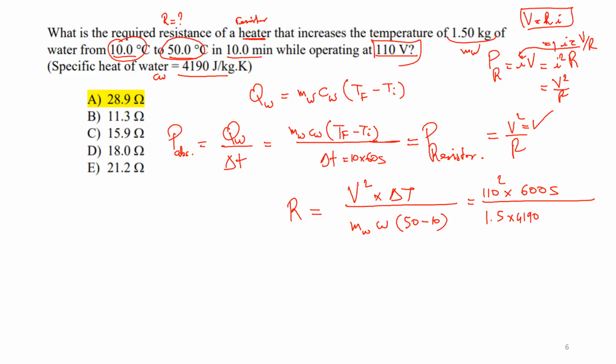You put everything in SI units. Delta T in Kelvin is the same as delta T in Celsius, so 40. And this gives you a resistance of 28.9 ohm. So this should be the required resistance of my heater.